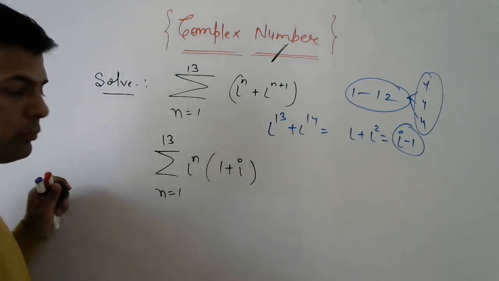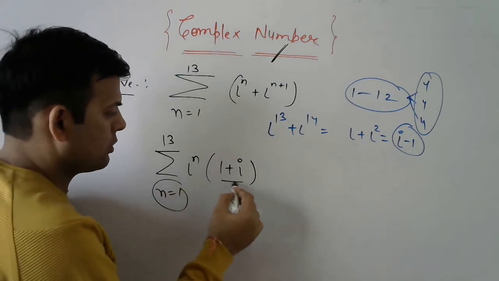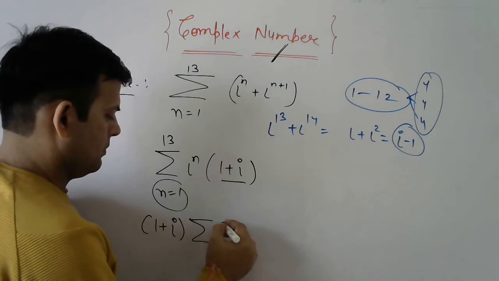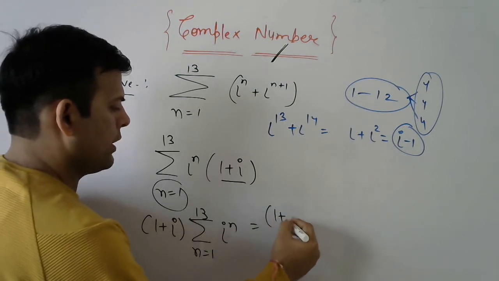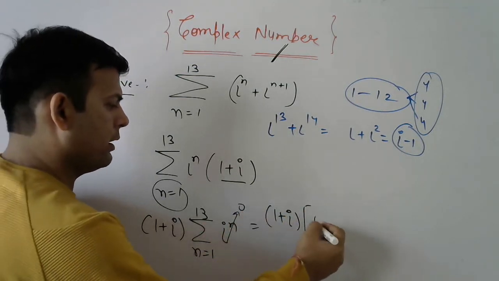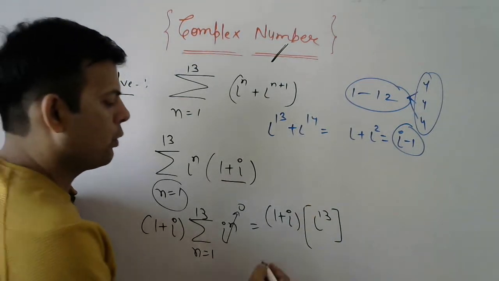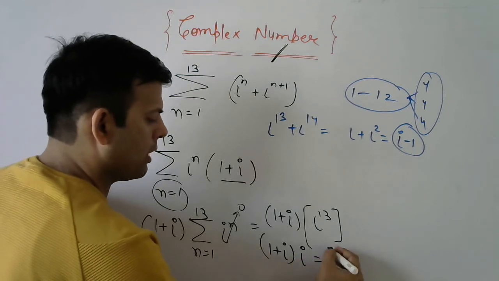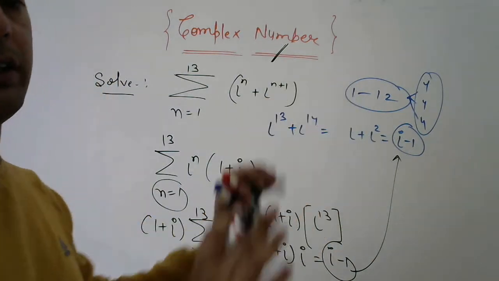Now 1 plus iota does not depend on n, so it is a constant, so take it out. From 1 to 12 the sum gives 0, the remaining is 13. If I divide 13 by 4, I get iota. So 1 plus iota into iota; when I multiply, I get iota minus 1. Same answer. So I can solve like this or by the earlier method.